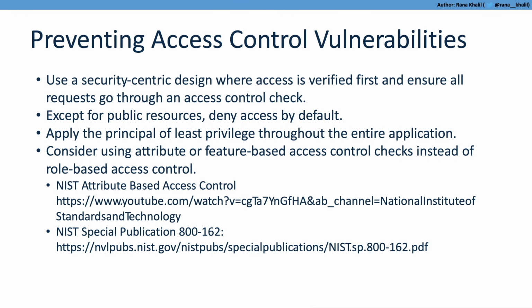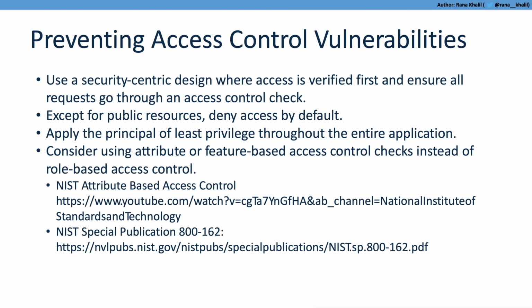Now next, depending on your application, maybe you want to consider making use of attribute or feature-based access control instead of role-based access control. Again, this is highly dependent on the type of application that you have. Now, the benefit of using attribute or feature-based access control is that it grants access based not on the user role, but on the attributes of each system component.